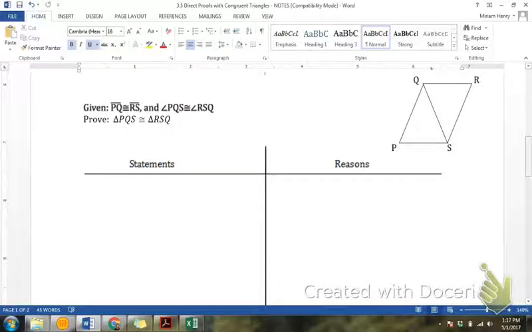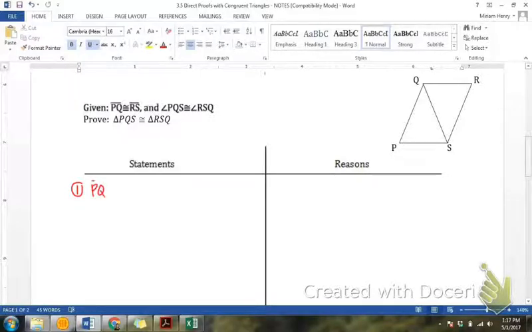Okay, this is proof number 2. How do we get started? Write down the given. Excellent. All right, so the first thing I see you guys doing is writing down whatever was given to you.